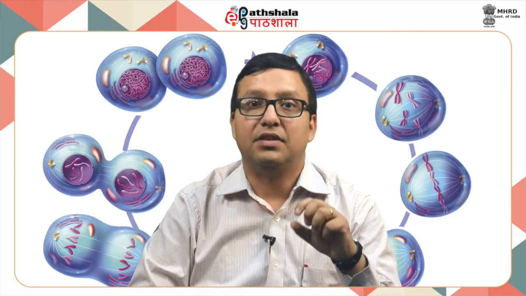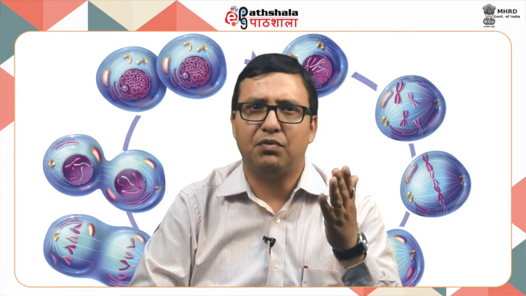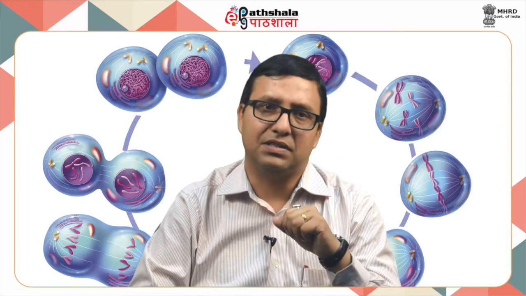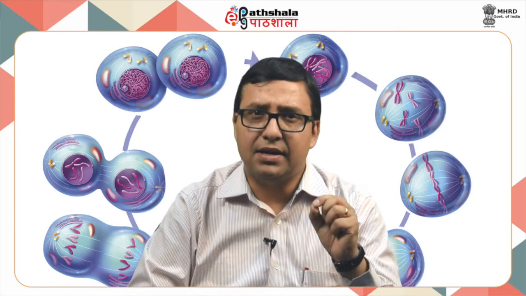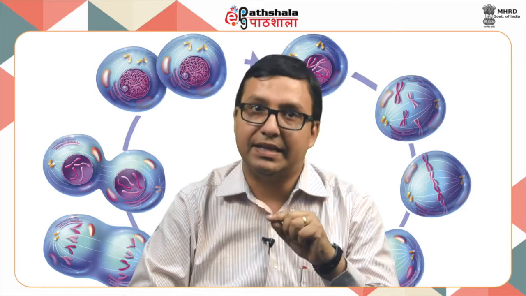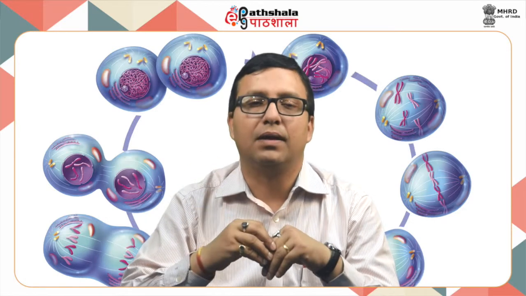Cytokinesis is the final stage of mitosis. It differs between a plant cell and an animal cell. In a plant cell, it starts in the center and then moves towards the periphery, meaning towards the lateral wall.